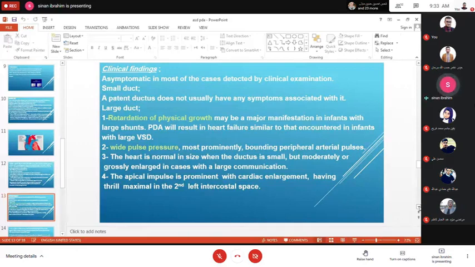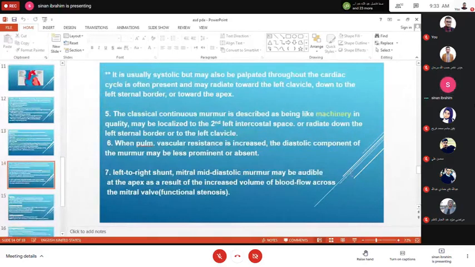And when we auscultate the heart, usually we find the classical continuous murmur, which is characteristic for PDA. There are many diseases that can cause machinery murmur, like fistulas, but for you, this is the classical one. For you, machinery murmur means a PDA.